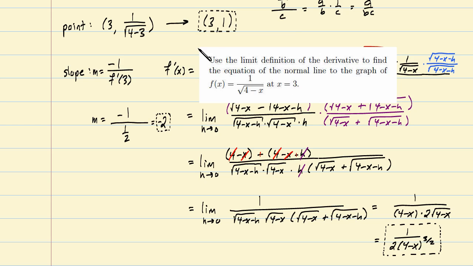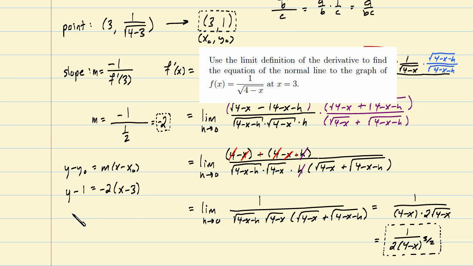And here again, the best way to get to the equation of the line is to use the point slope form, which is y minus y naught equals m times x minus x naught, where x naught, y naught is that point right there, and there's our slope. So it looks like we should have y minus 1 equals our slope of negative 2 times x minus 3.